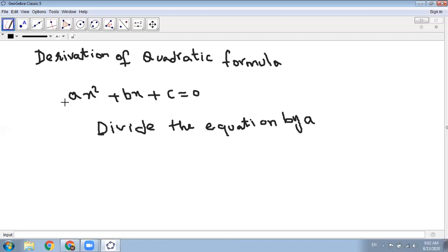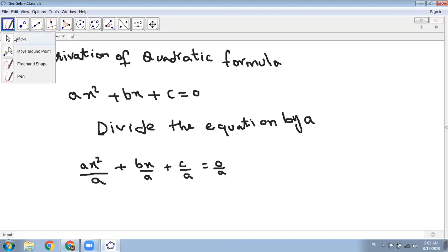So if we divide ax square by a, it becomes x square. I'll show you. x square upon a plus bx upon a plus c upon a equals to 0 upon a, and 0 upon a means 0.